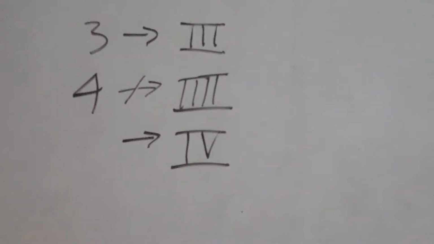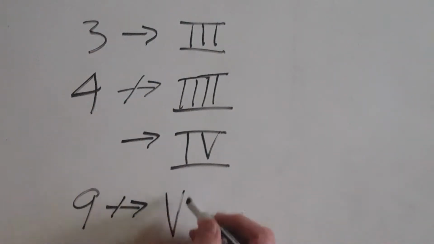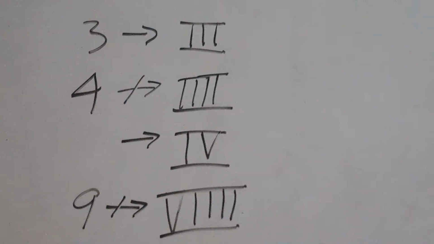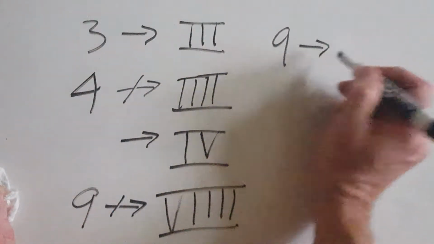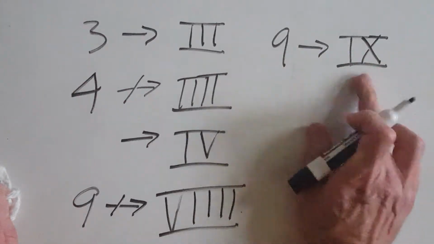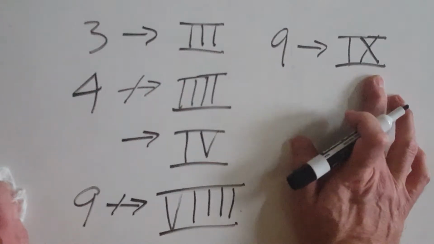So for example, 9 is not VIIII. 9 actually is IX, right? So it's 1 less than 10. The I appears in front of the X, so it's 1 less than 10.